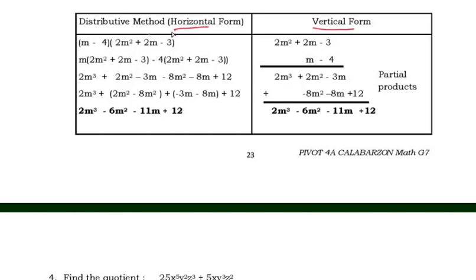In the horizontal form, m minus 4 times, this is our problem, 2m square plus 2m minus 3.